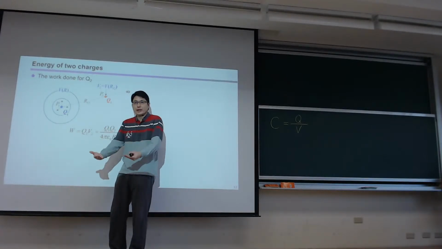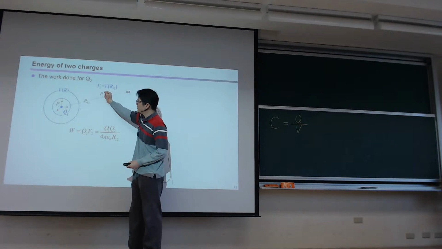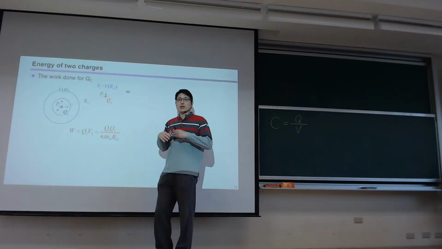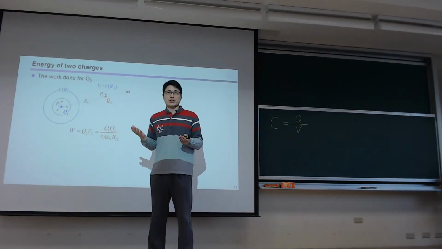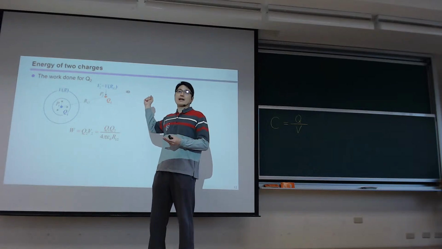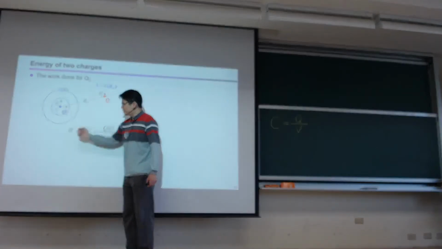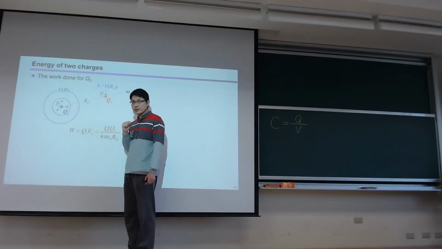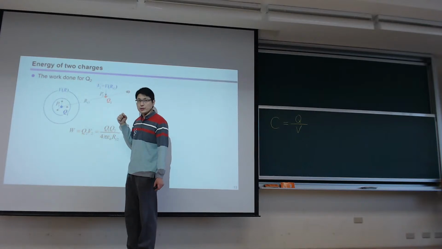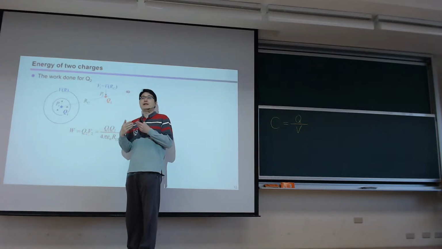So I have to do work, and therefore, if I bring the charged particle 2 to here and let it go, the system is already filled with energy, and that energy amount is equal to the work I have done. Okay? So the energy is Q2V2. The charge amount of particle 2 multiplied by V2.